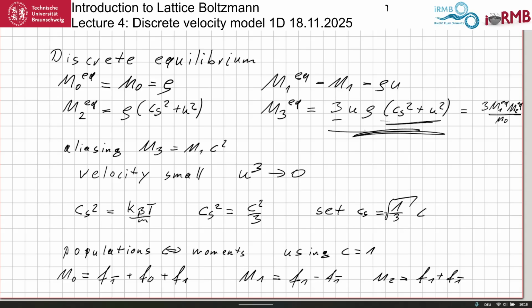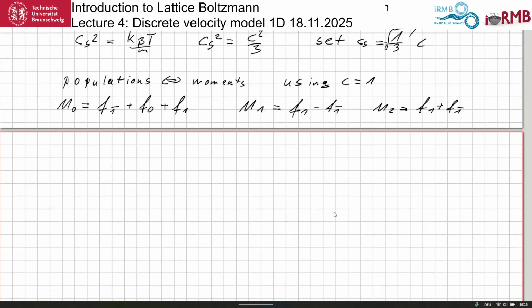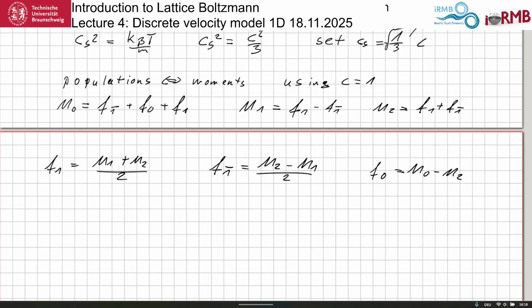So it's very simple, we just solve this to see that f1 is equal to M1 plus M2 divided by 2. f minus 1 is M2 minus M1 divided by 2. And f0 is M0 minus M2.